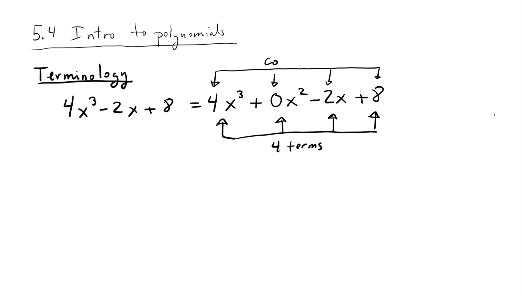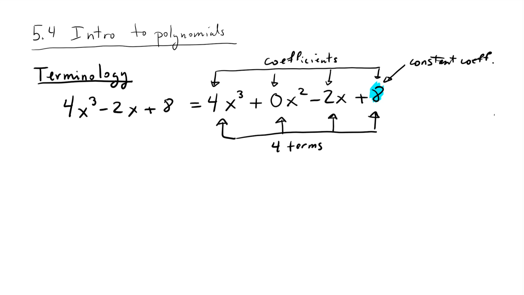So 8 is obviously here a special coefficient. It's this one right there. That's called the constant coefficient, because it's the one that doesn't change as x changes. It always remains 8. Okay, that's the constant coefficient.